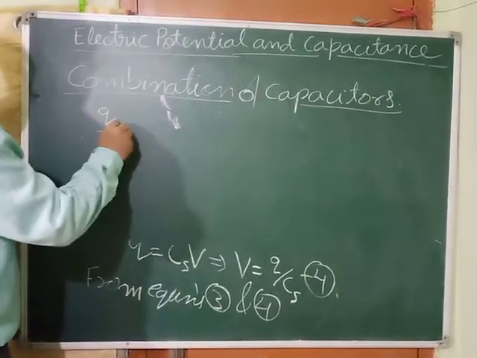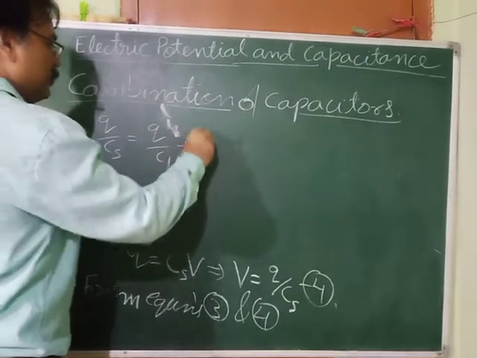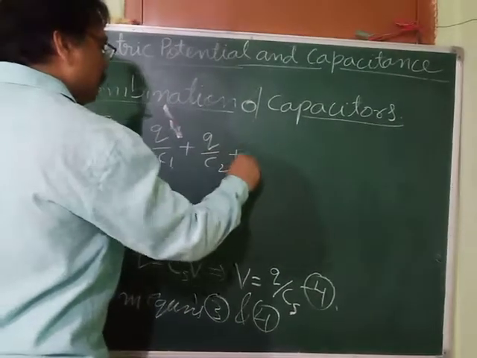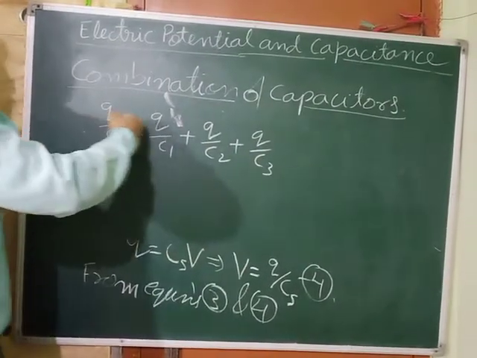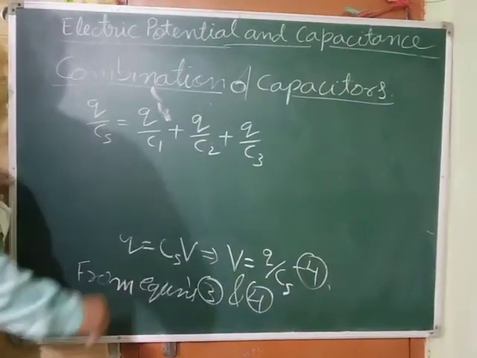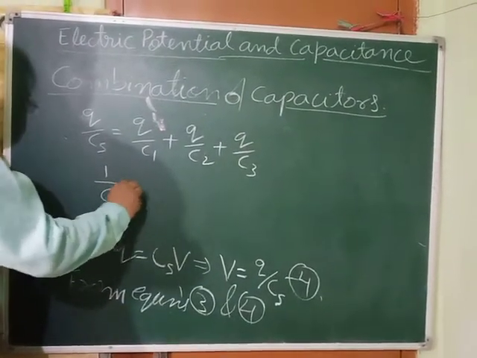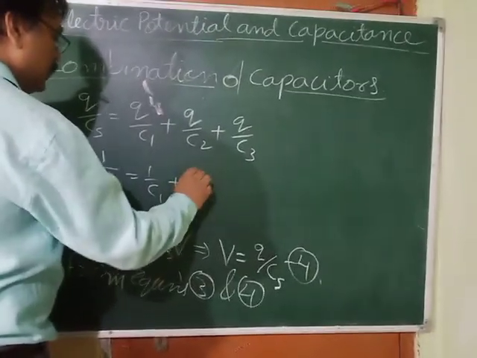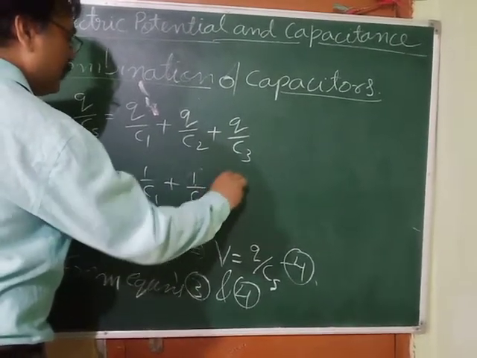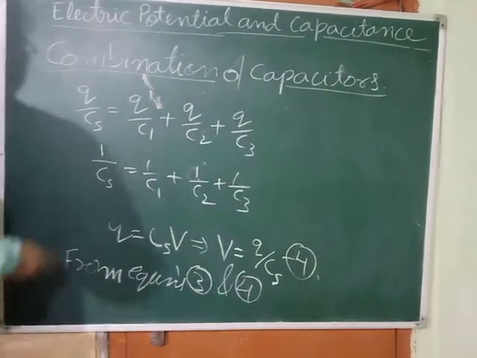Q by Cs is equals to Q by C1 plus Q by C2 plus Q by C3. That's what we got. You can see Q is common throughout, so you can take common here and cancel it. Finally what you will get? 1 by Cs is equals to 1 by C1 plus 1 by C2 plus 1 by C3. That's what we get. This is our result.